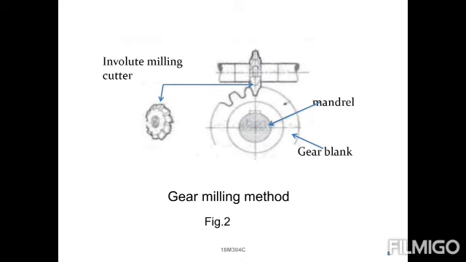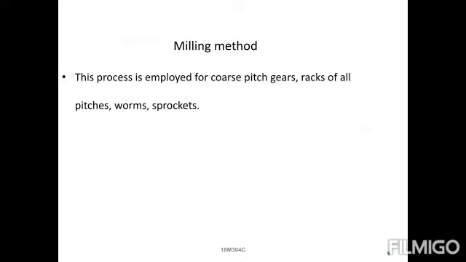Next is the gear blank, the total round circular object. The top one is the involute cutter for cutting the teeth of the gear. So we are producing gears.